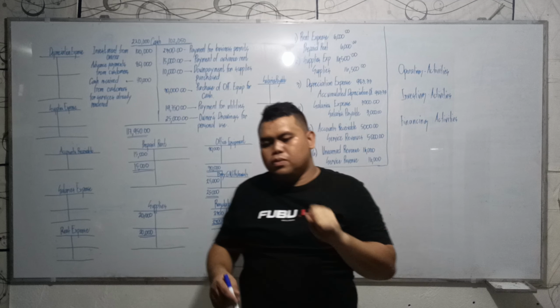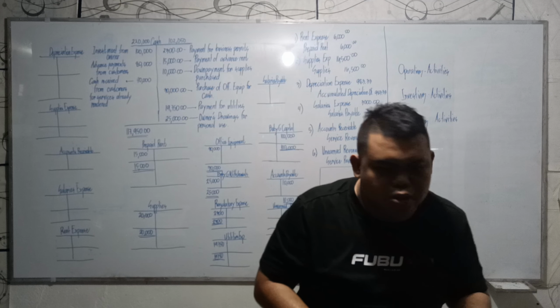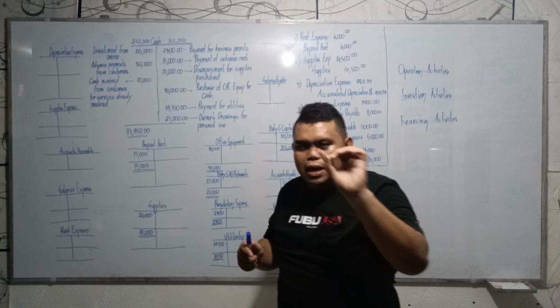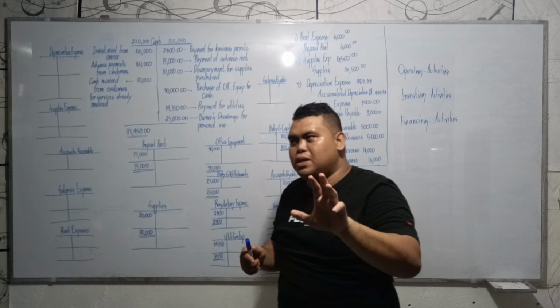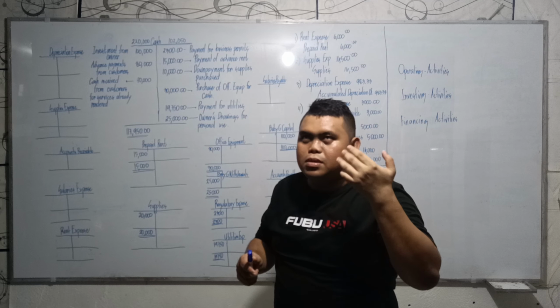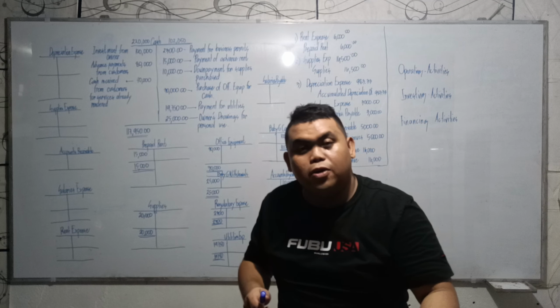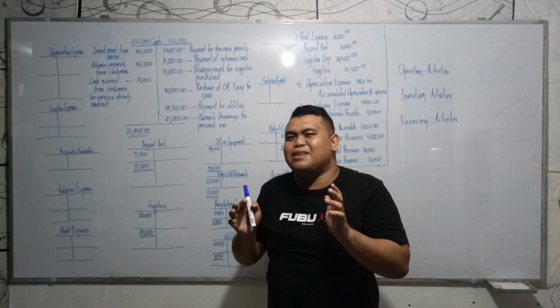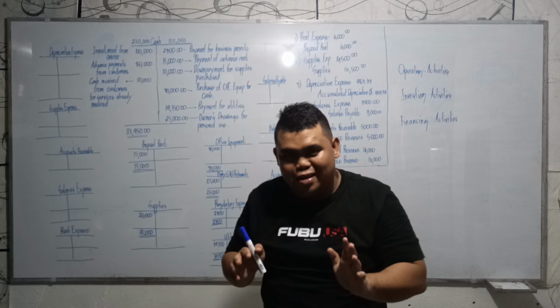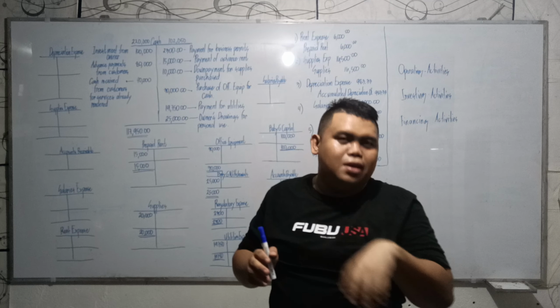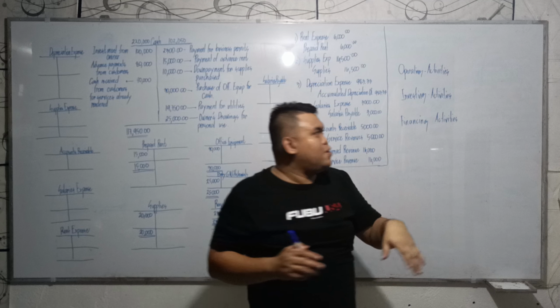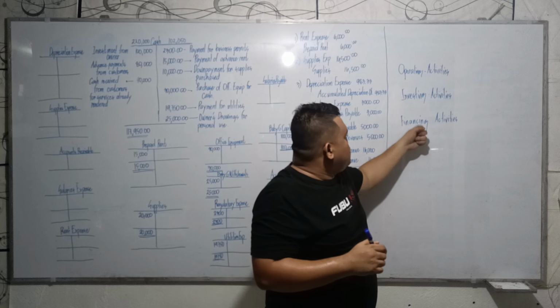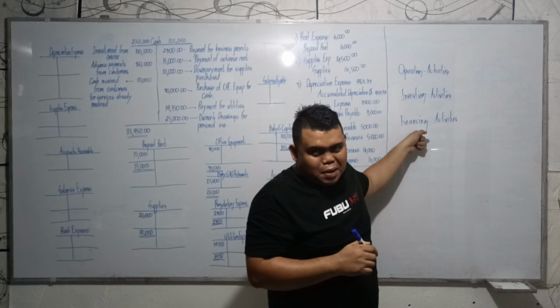So, meaning, what I'm trying to tell you is that if the cash balance, for example, cash beginning is 1 million, and the cash ending is 3 million, it does not necessarily mean that the company is doing well. It is because maybe that 1 million became 3 million because you have borrowed money from others.